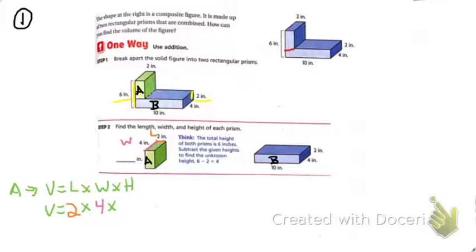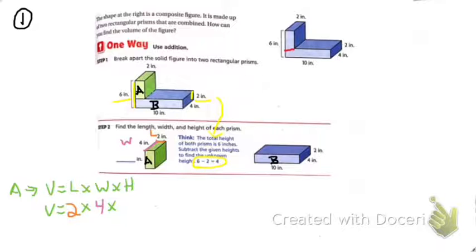Well, if A and B combined is 6 inches, and the height of B by itself is 2 inches, can't I then just say 6 for the total minus 2 for the blue equals 4, and that's what the height of the green will be.